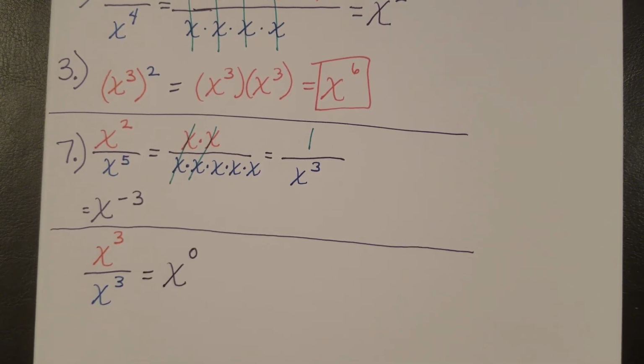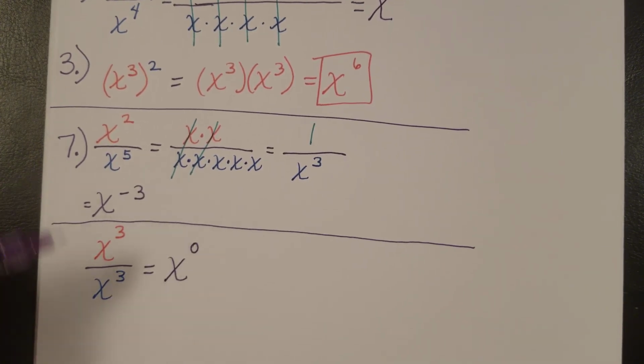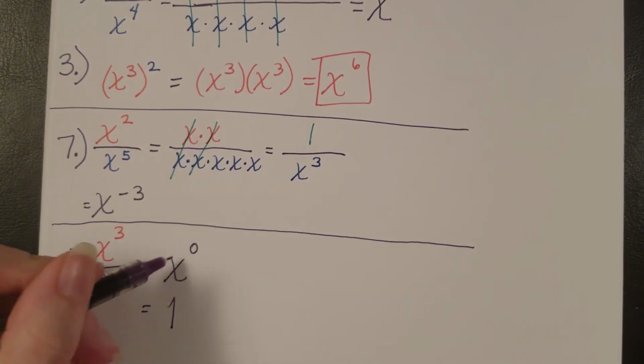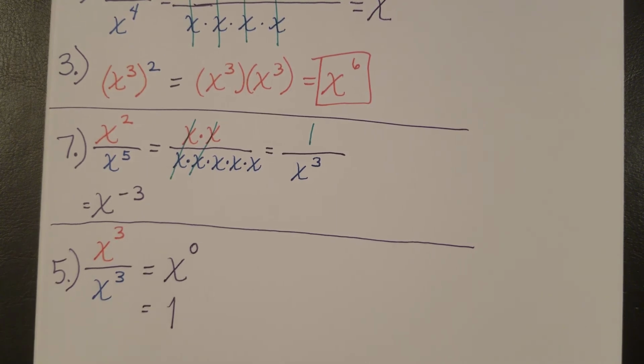However, we also know that anything divided by itself is always equal to 1. So that explains rule number 5, why x to the power of 0 is always equal to 1.